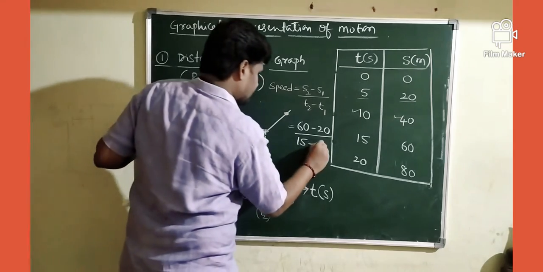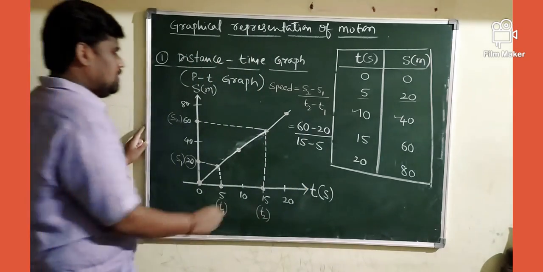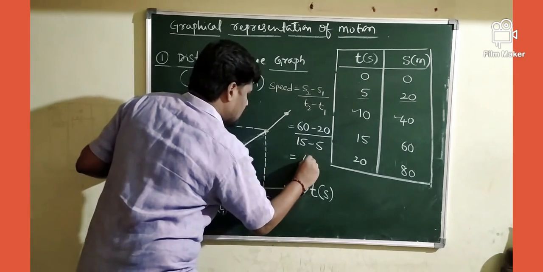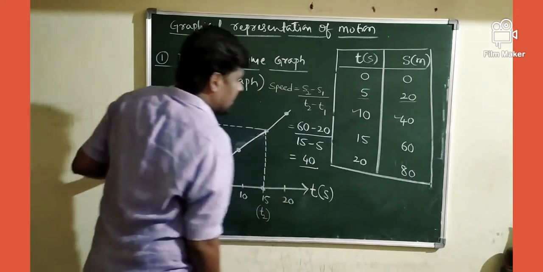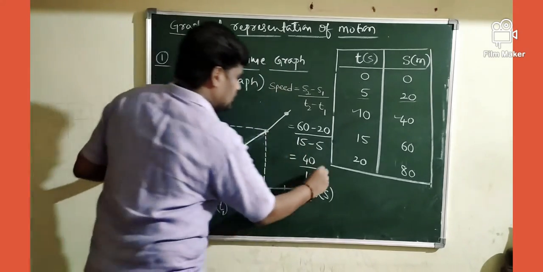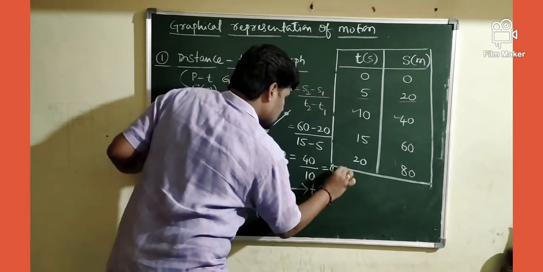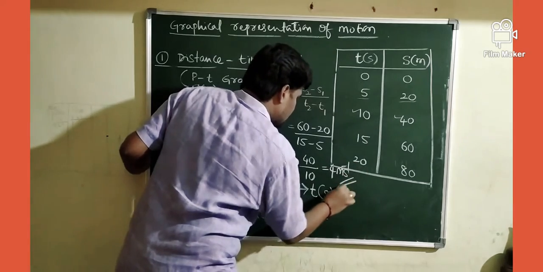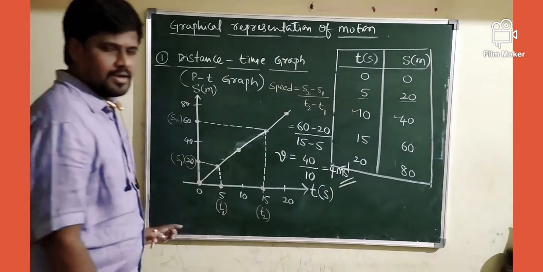That is 5. 60 minus 20 is 40, divided by 15 minus 5 which is 10. 40 by 10 is 4. What is 4? 4 is the speed of the body. The speed of the body is 4 meter per second.